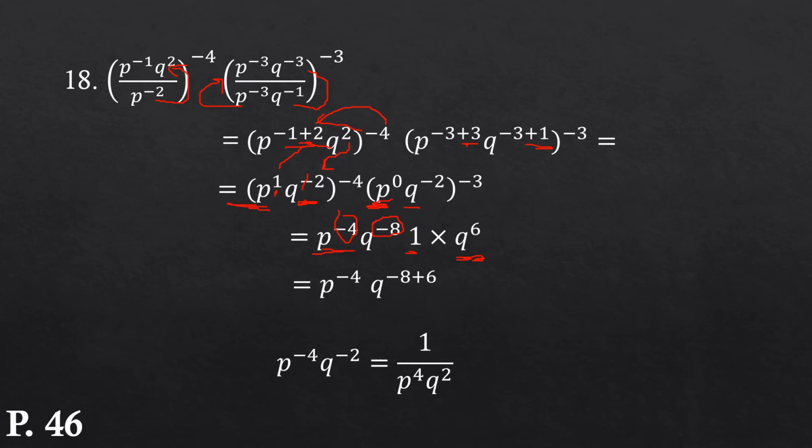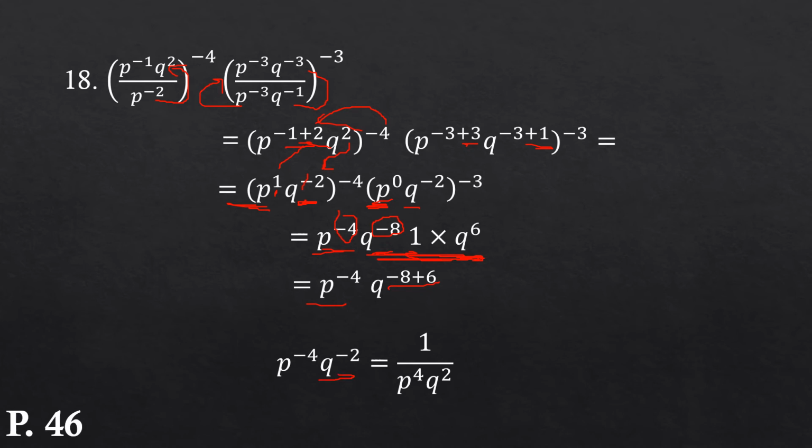So here we have p power negative 4 and q; as we have the same base, we add the exponents. Here negative 8 and positive 6 equals negative 2.